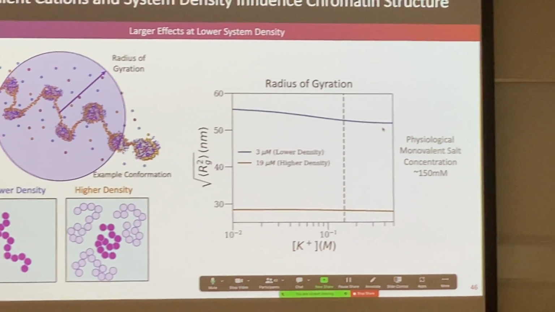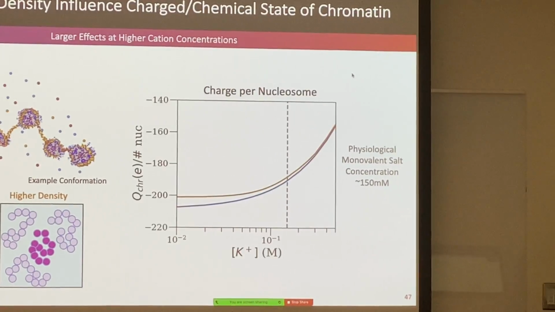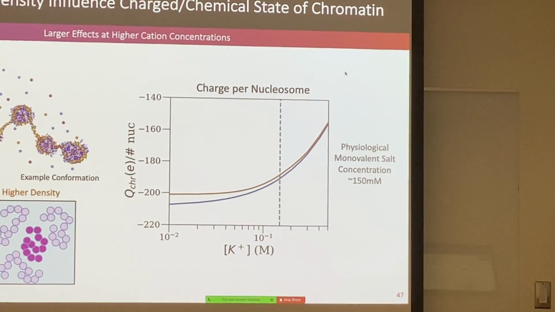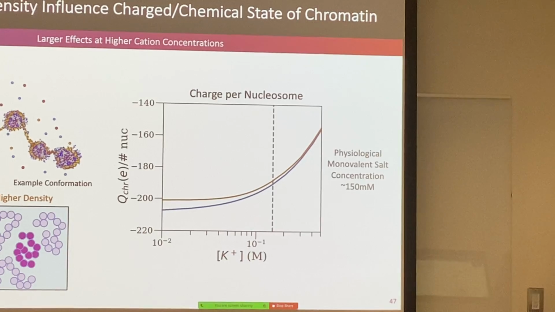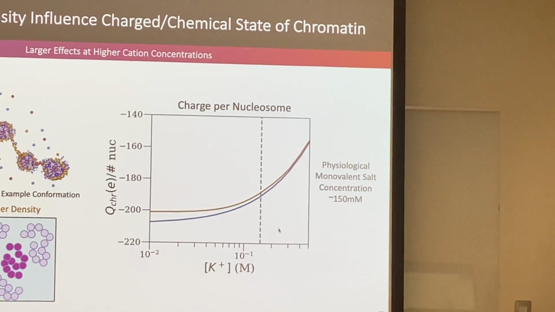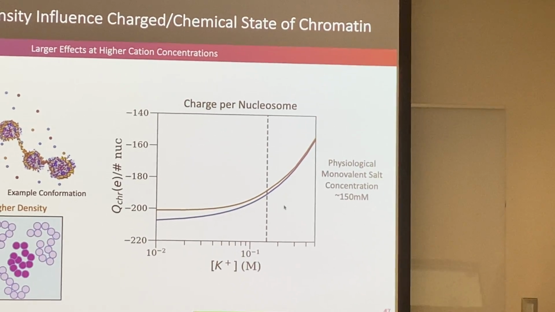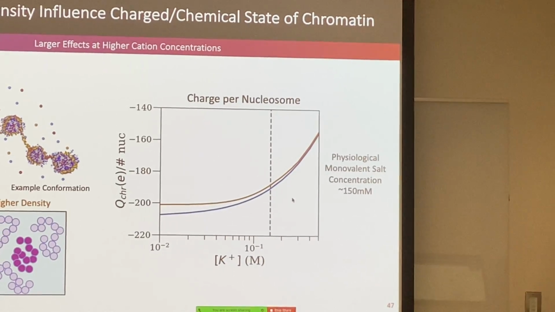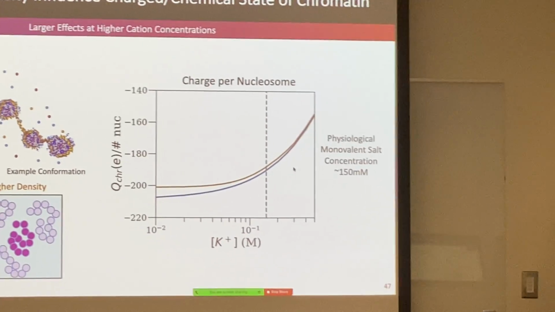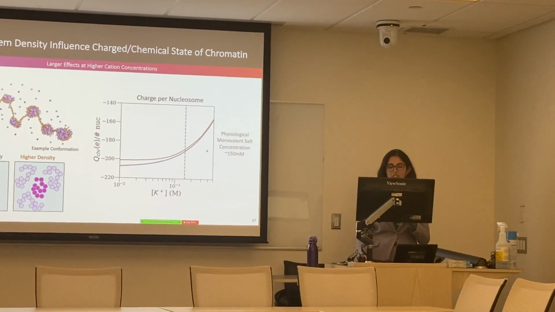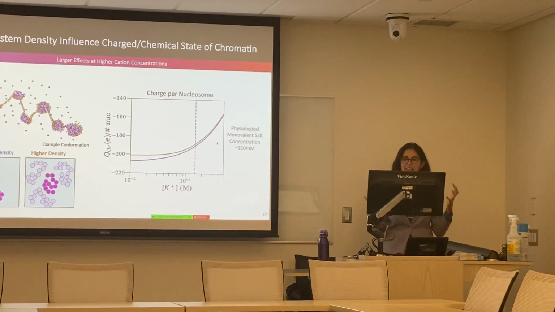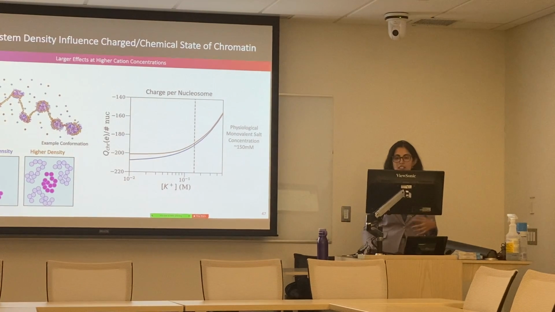So now looking at the actual charge state of the system and its responsiveness to the electrolyte environment, we see first of all, that unlike the structural parameter, the charge state is much more sensitive to potassium beyond monovalent salt concentrations. So you can see that the charge regulation that's occurring in this regime actually isn't really influencing the overall structure of the system.